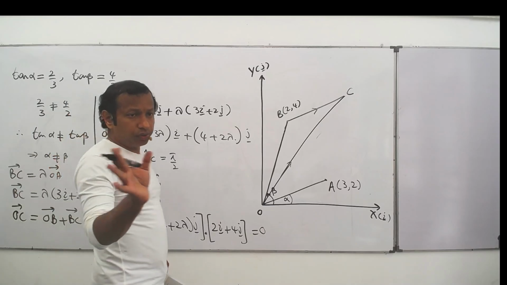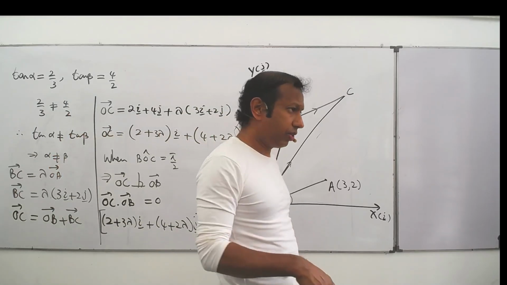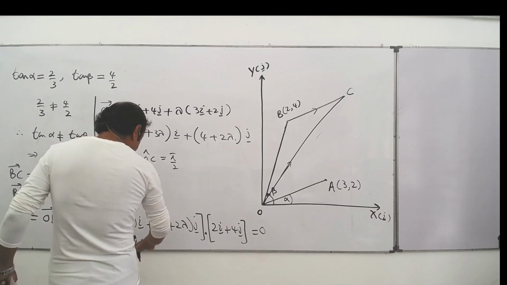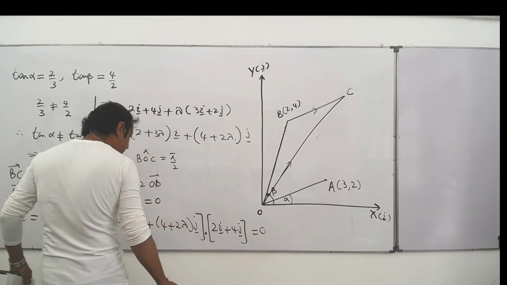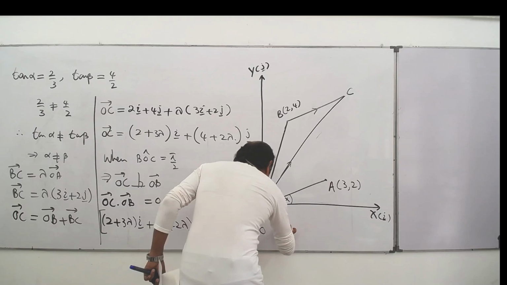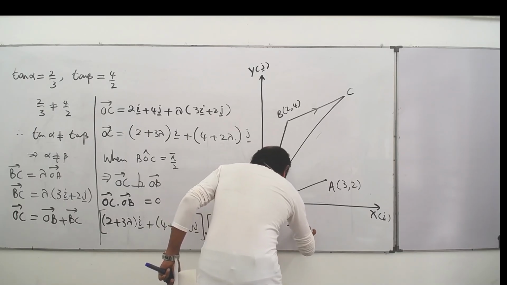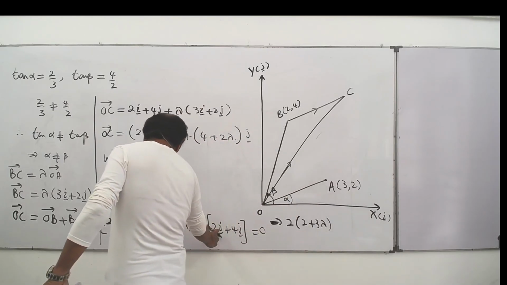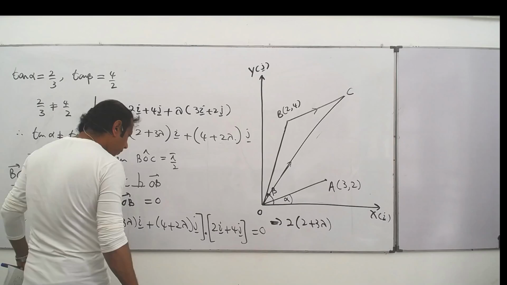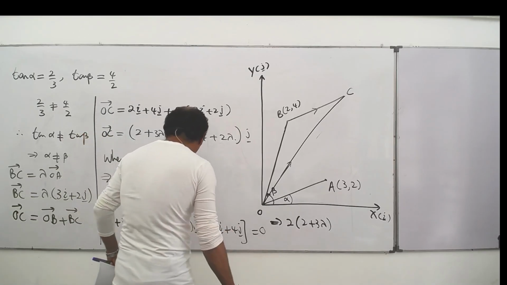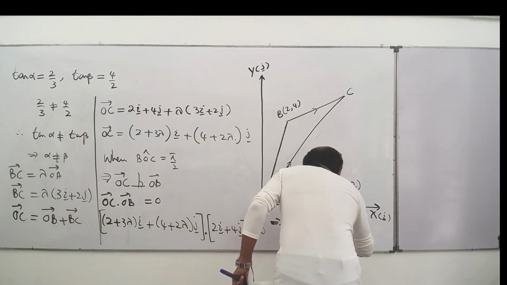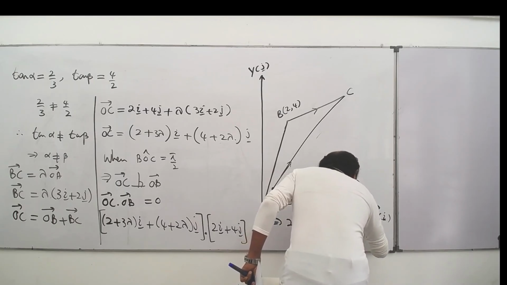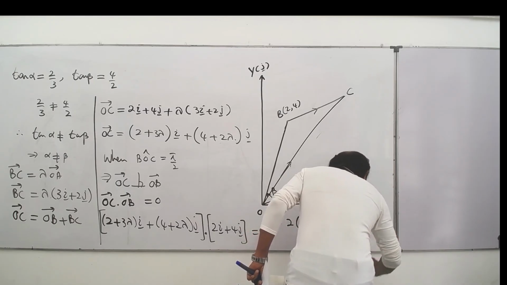You have to multiply i coefficients and j coefficients, right. I coefficients here we get 2, and this gives us 2 times (2 plus 3 lambda), plus 4 times (4 plus 2 lambda), equals 0, right.